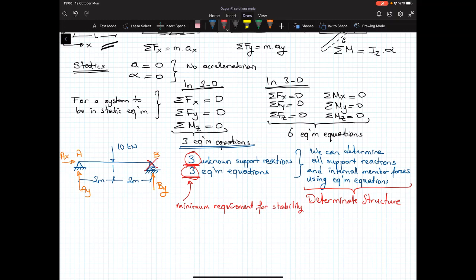The other property of a determinate structure is as follows. Let's say that I have these 3 structures. The first one is I have a very thin member. In the second case, I put a very strong member. And in the third case, let's have a random shape beam here. And again, it's pin supported.